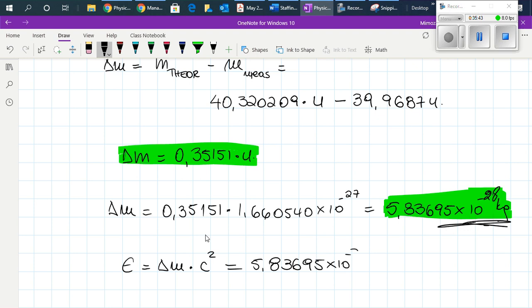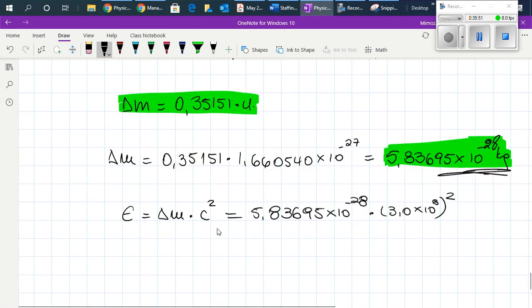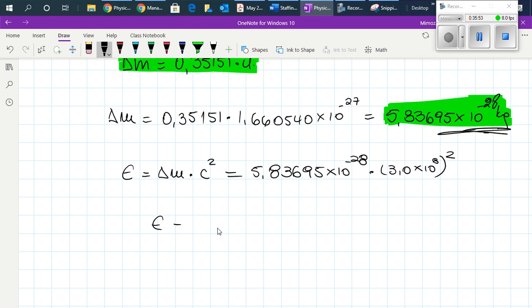so it will be 5.83695 times 10 to the negative 28 times 3.0 times 10 to the power of 8, the whole thing squared. So the energy will be 5.253 times 10 to the power of negative 11 joules.